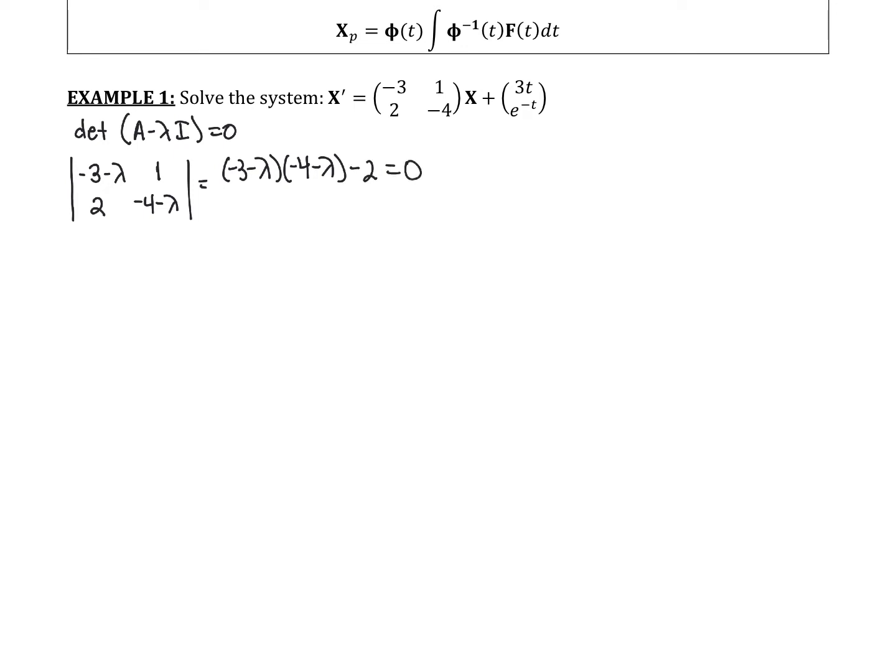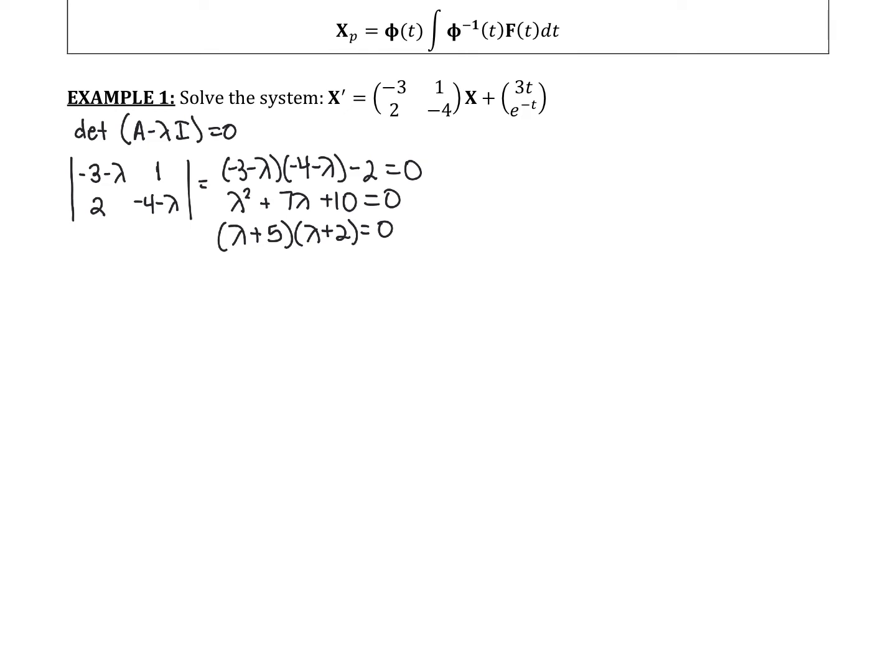We want to set that determinant equal to 0. All right, so we'd get positive 12, positive 3 lambda, positive 4 lambda, lambda squared. So we end up with lambda squared plus 7 lambda plus 12 minus 2, plus 10. So lambda plus 5 times lambda plus 2.